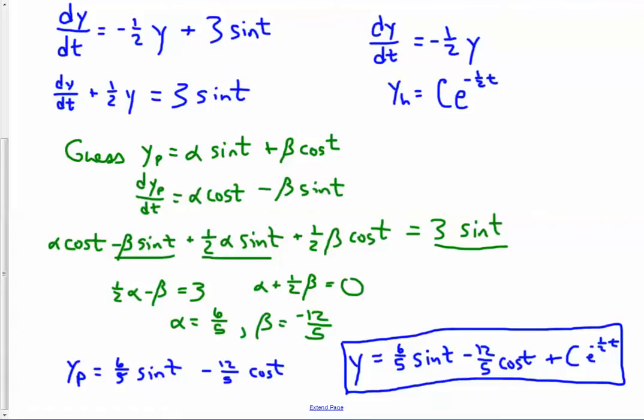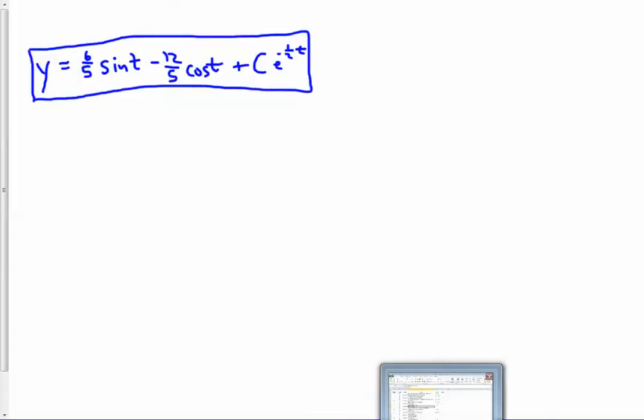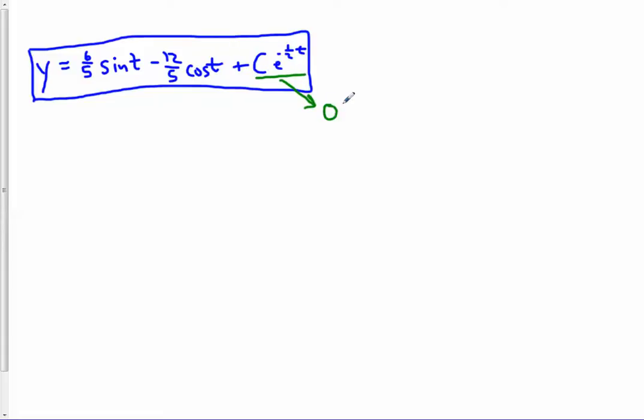And I want to point out the behavior of such a function. Negative exponentials, as t goes to infinity, get smaller and smaller, exponentially. They decay exponentially. So this term is going to become negligible pretty quickly.